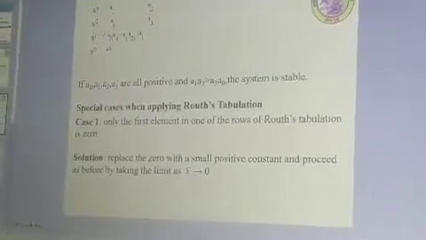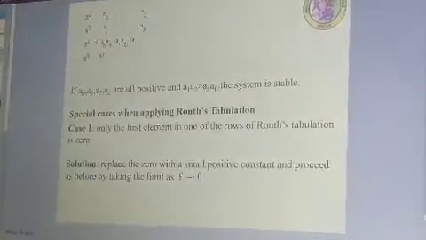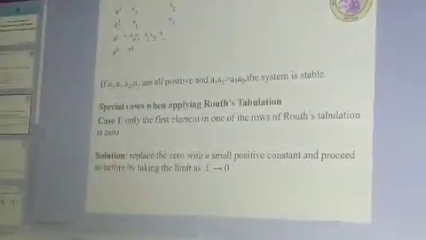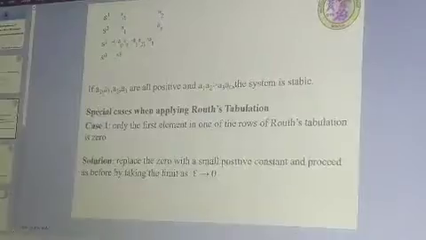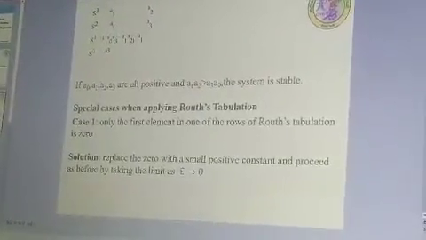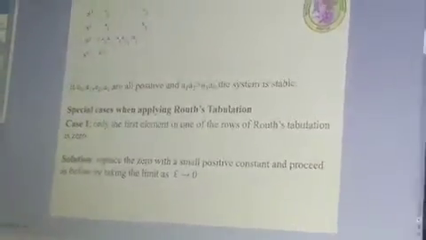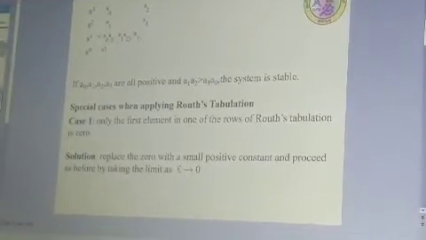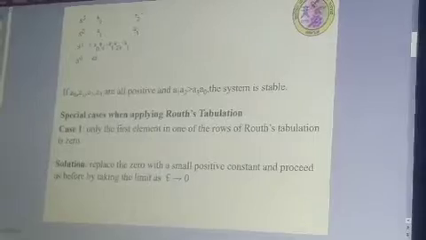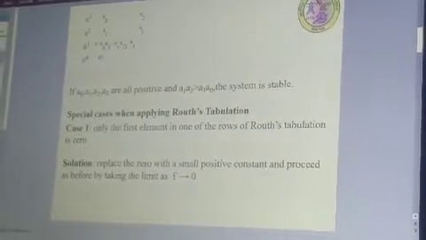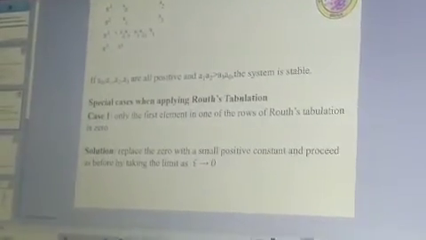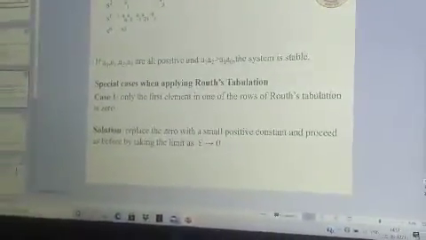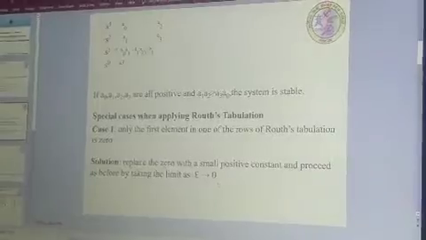If any first element in a row of the Routh tabulation is 0, you have to replace that 0 with a small positive constant called epsilon, or sigma, anything, and proceed as before by taking the limit as epsilon tends to 0.